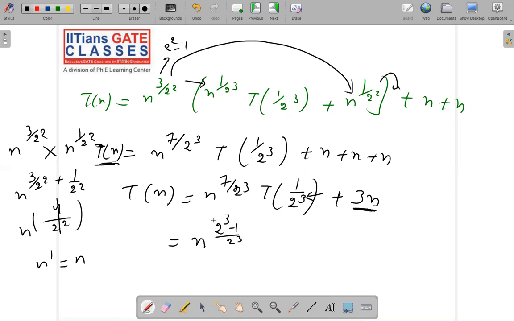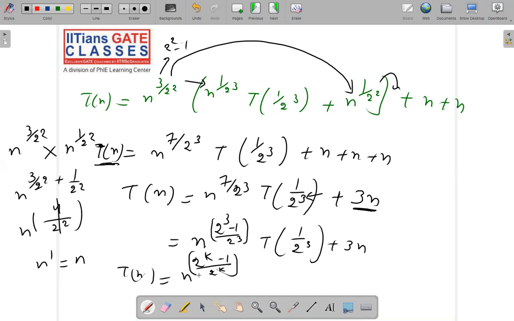Okay, this whole thing is in power of n. 1 upon 2 raised to power 3 plus 3n. So if we iterate it k number of times, it will become 2 raised to power k minus 1 upon 2 raised to power k, okay, T 1 upon 2 raised to power k plus kn.